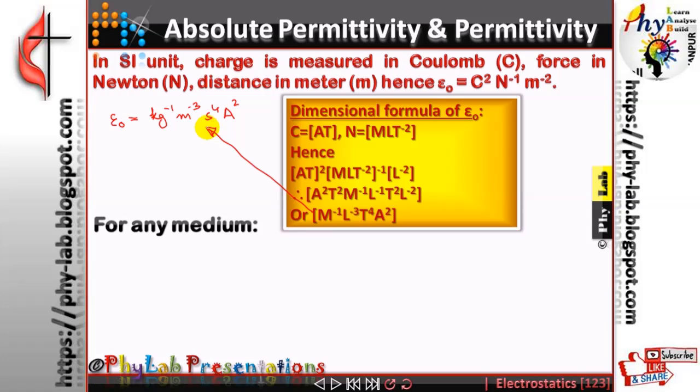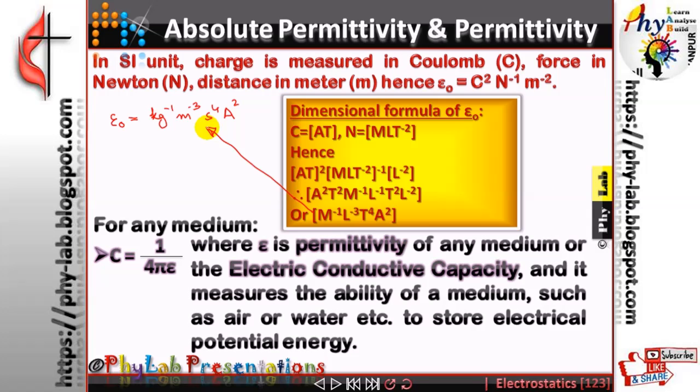Now for any other medium apart from vacuum or free space, that particular constant C would be written as 1 upon 4 pi epsilon. Friends, if you notice over here, epsilon is referred to as permittivity.